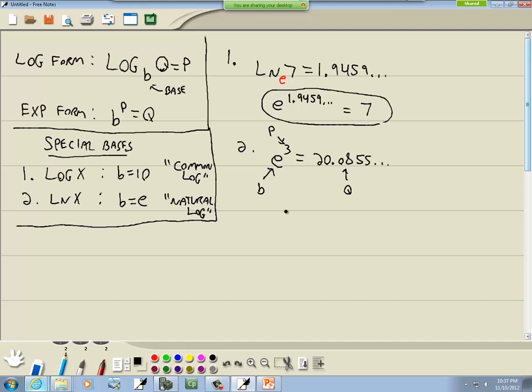So our log form says we're going to have log base e of q, which is 20.0855..., equals p, which is 3. Now, log base e is just natural log. So we have natural log of 20.0855... is equal to 3.